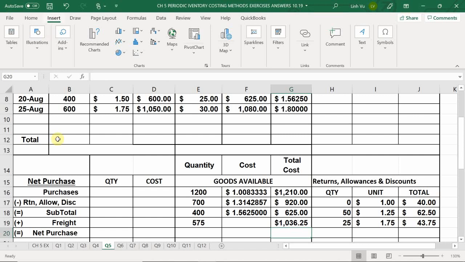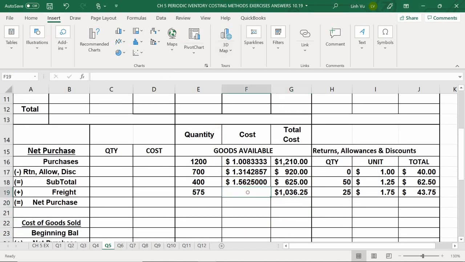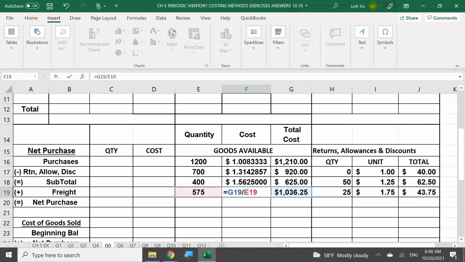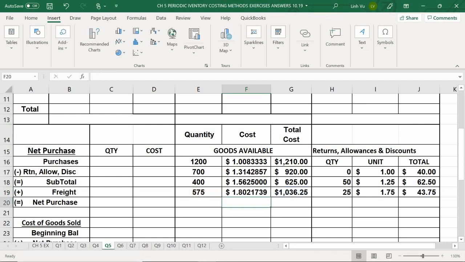So with that being said, now I need to recalculate my new cost per item, which is going to be $1.8017. Good.